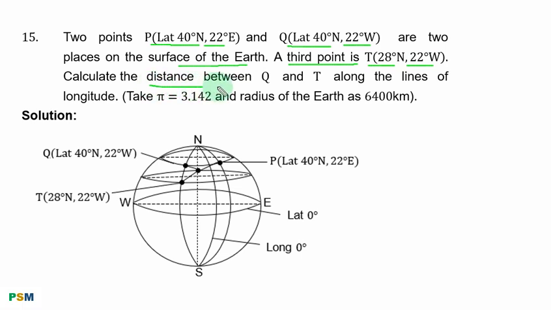Calculate the distance between Q and T along the lines of longitude. Take pi equal to 3.142 and the radius of the earth as 6,400 kilometers. Note that half meridian is longitude, and as such, for lines of longitude, the distance is along great circle.